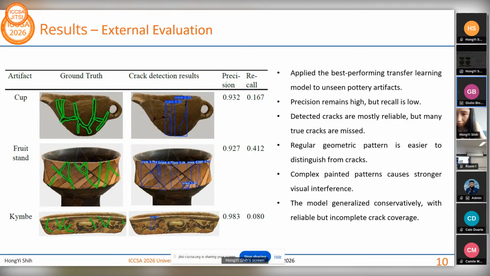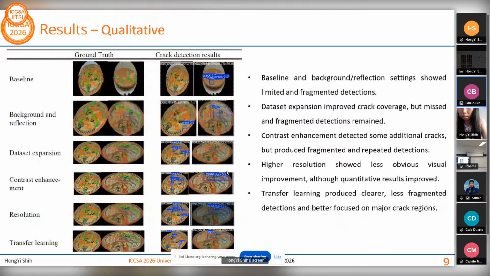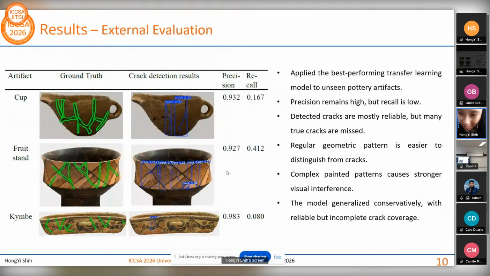So say, let's try to vary the contrast, for example, of the test images. Sorry, can you repeat your question? Yeah, so did you try to apply to the test set, to the external evaluation, the transformations that you applied also to the training data to see if it has any impact or if it allows you to detect more cracks, for example? Like trying to change the contrast of the test images, for example.